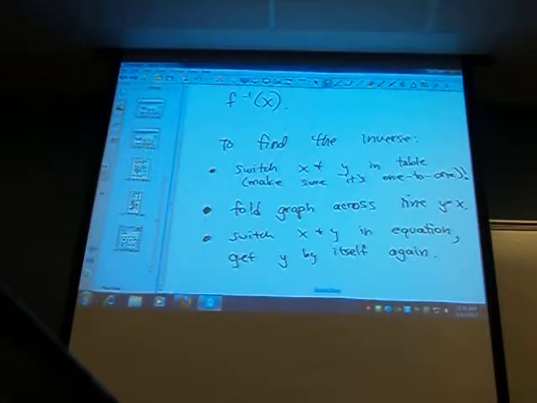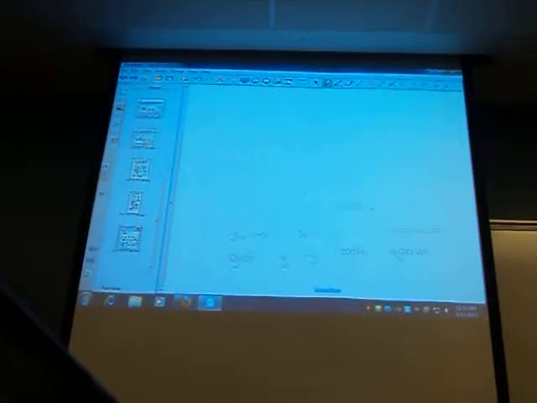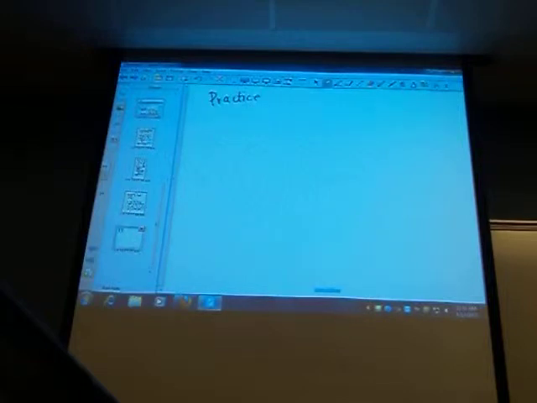Now let me give you guys a practice problem here. Real easy practice problem. Okay? Two practice problems. Let's say we want to find the inverse. When I say f negative 1, I mean the inverse of this equation.